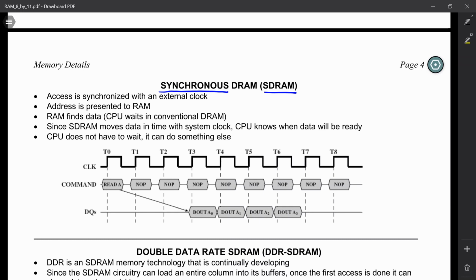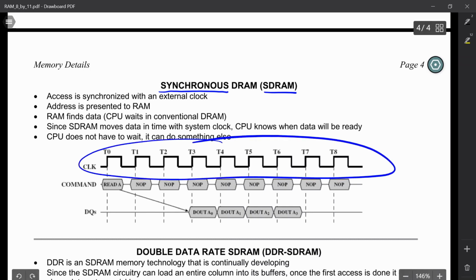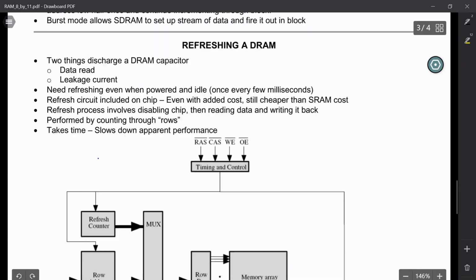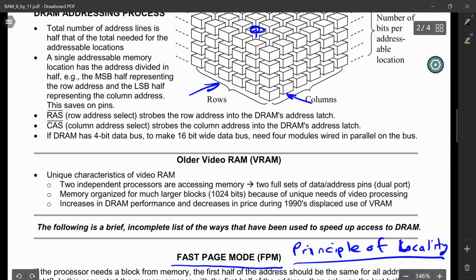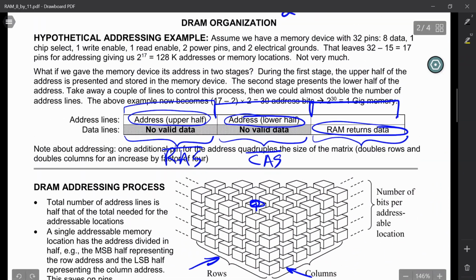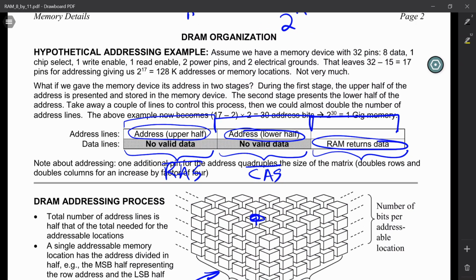And anytime you hear the term synchronous, you need to think of this idea of a clock. Now, what does a clock do for us? In the conventional RAM, the non-SDRAM, what we've got is timing.